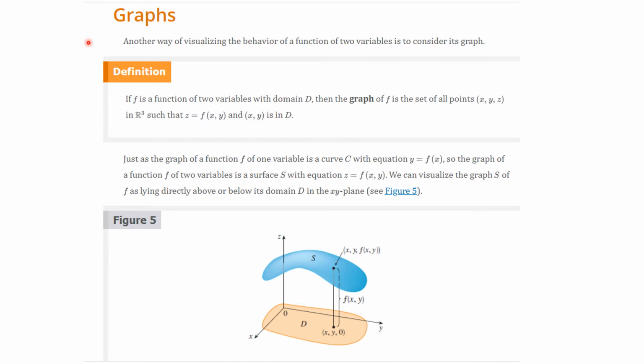Another way of visualizing the behavior of a function of two variables is to consider its graph. If f is a function of two variables with domain capital D, then the graph of f is the set of all points (x, y, z) in R3 such that z equals f of (x, y) and (x, y) is in D. So just as the graph of a function of one variable is a curve with equation y equals f of x, the graph of a function f of two variables is a surface S with equation z equals f of (x, y).